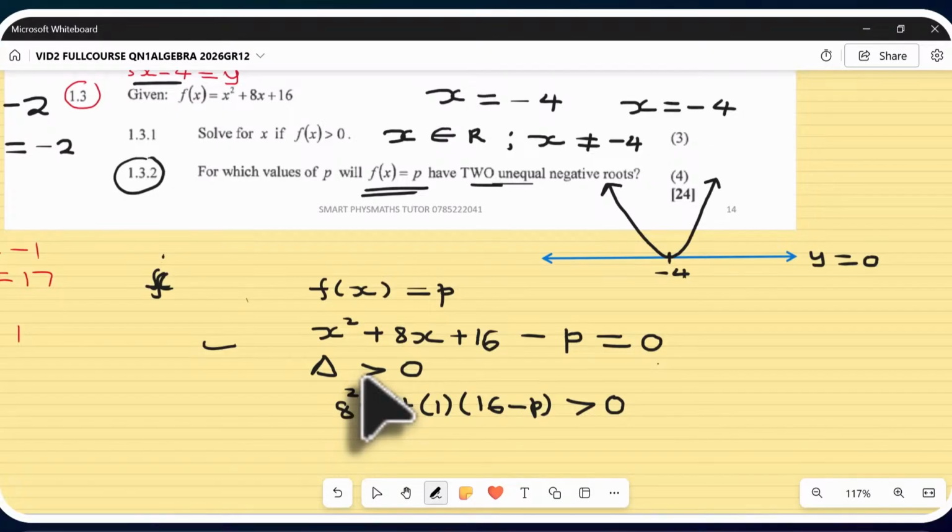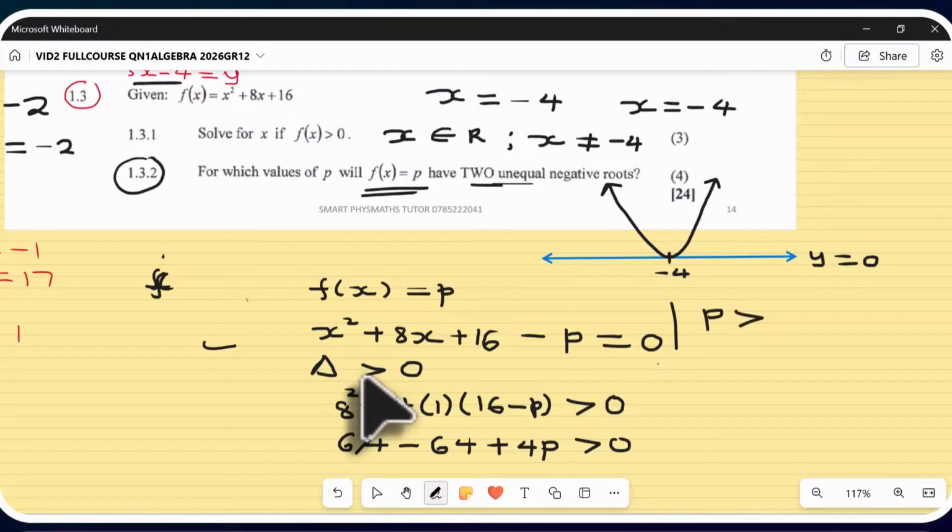For the roots to be negative, the root of 4p should be less than 8, otherwise it won't be negative.